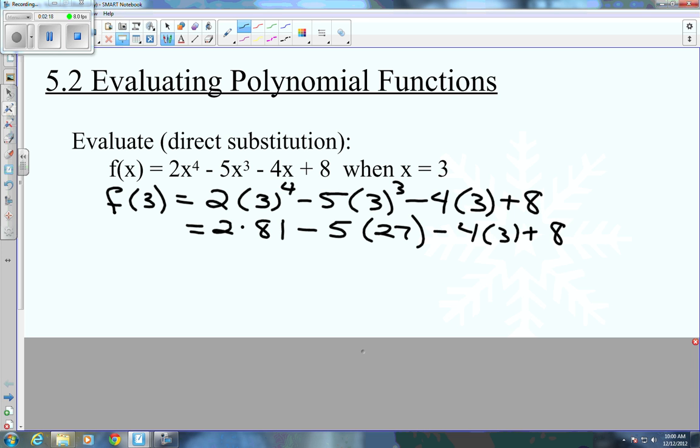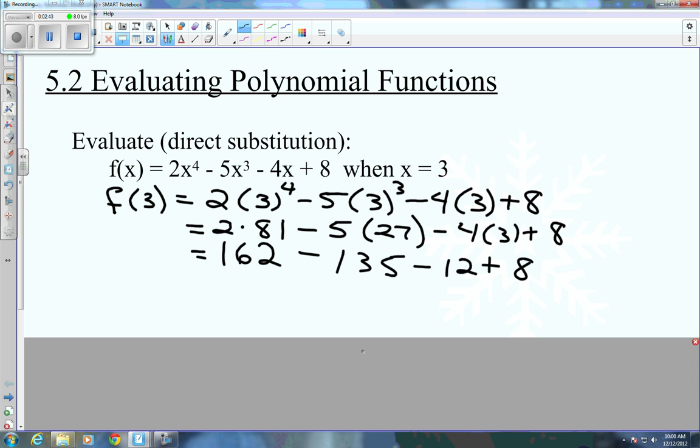So we did our exponents. Now let's do our multiplication. 2 times 81 is 162. 5 times 27 is 135. Okay, 4 times 3 is 12.